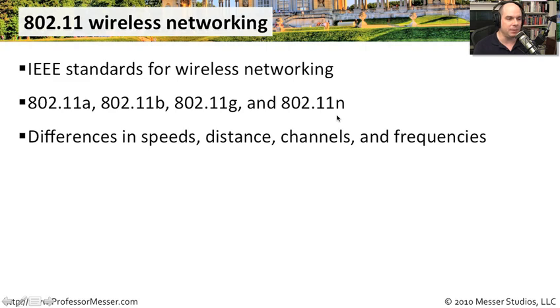As the names imply, as the numbers and letters increase, you're starting to see new versions come out. So I'll take you through the history of these. You'll get an understanding of what the differences are with the distances, the channels, the frequencies, and a lot of the underlying technology of these wireless networking types.